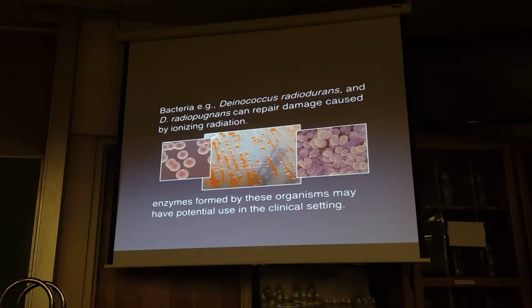There's some thought about why they would have evolved this ability, because apparently they are resistant to much greater exposure to radiation than they would ever be exposed to on the planet's surface. Researchers aren't sure why they're like this, but again, they don't stop the damage from occurring. They have enzymes that fix it. So when ionizing radiation causes damage to their DNA, their enzymes can then fix that.